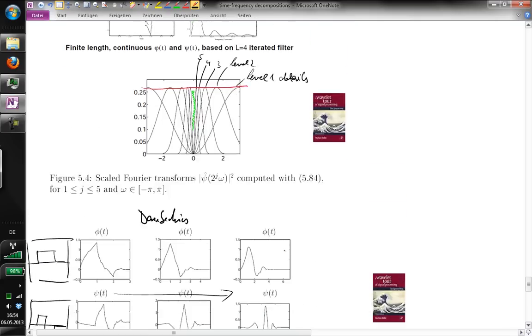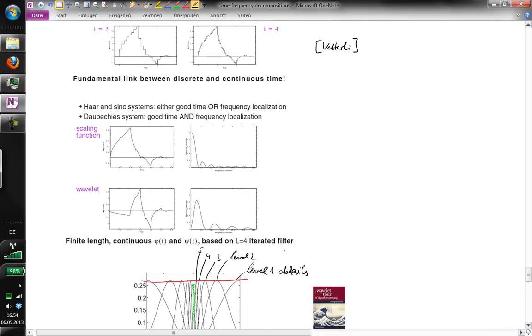Yes, they are analytically calculated, and these Daubechies wavelets were the first continuous functions that were known that still fulfilled these orthonormality properties. So if you take this funny continuous function and scale it by 2, it's orthogonal to itself.